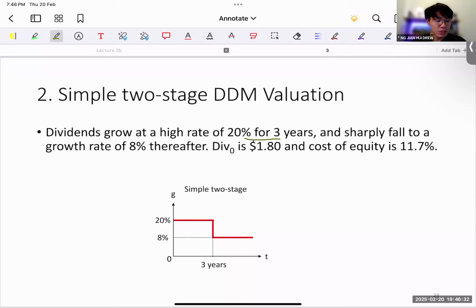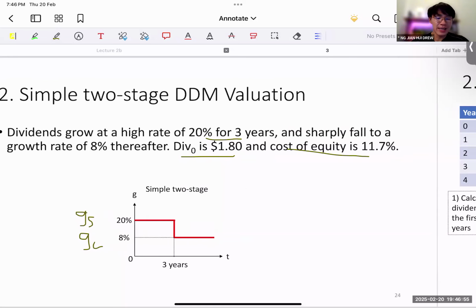Okay, 20%. So this is your GS, growth supernormal, for 3 years. And it suddenly falls to 8% at growth normal or GL, growth low, at 8%. Dividend D naught is 1.8. The cost of equity is 11.7.